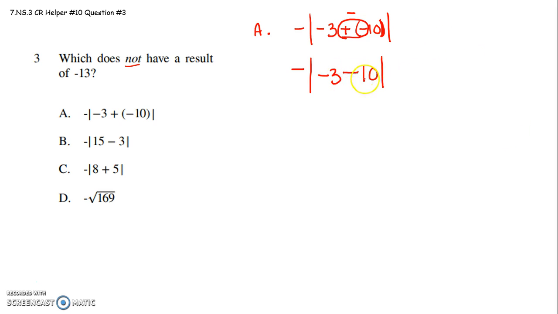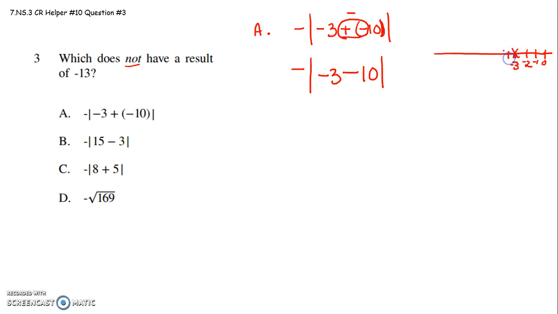Negative 3 minus 10. You could think on a number line. You have to start at negative 3 and move left 10. So if I had a little number line over here, here's 0, negative 1, negative 2, negative 3. I would start at negative 3 and move left 10.